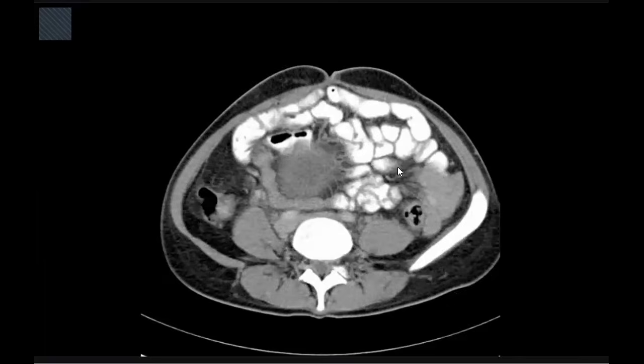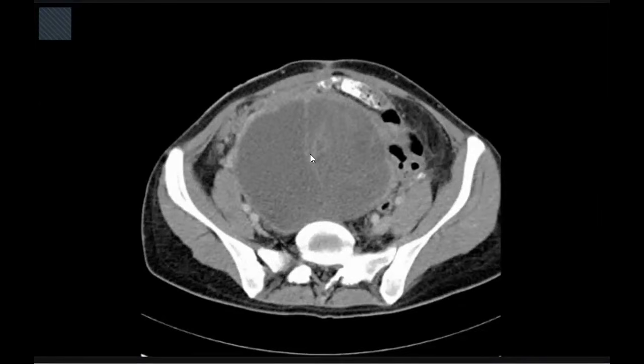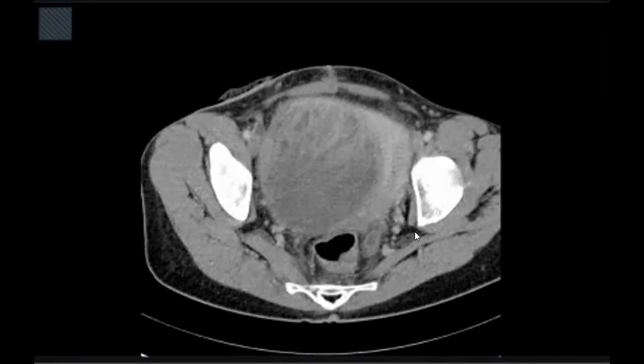This case, if you see, this is an ovarian mass with some large cystic changes. So our differential may be primary ovarian mass or metastases. So you have to search for any association. Always in any case, search for the pathology first, then search for the cause, then for the complication, then for association.